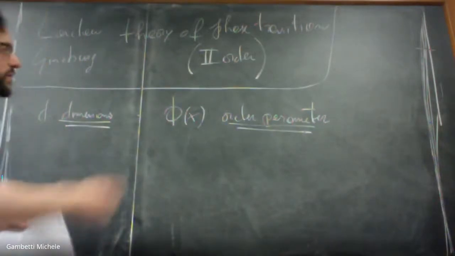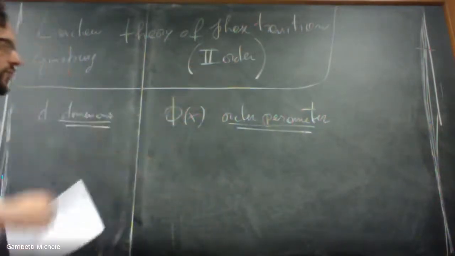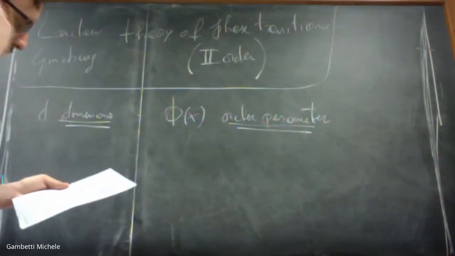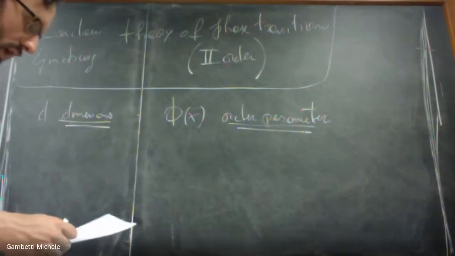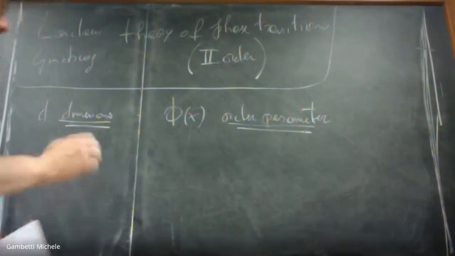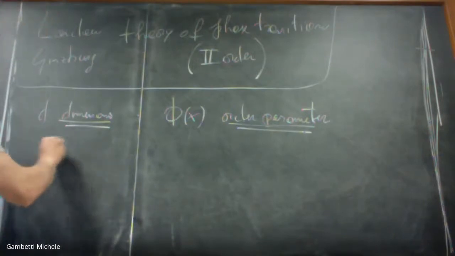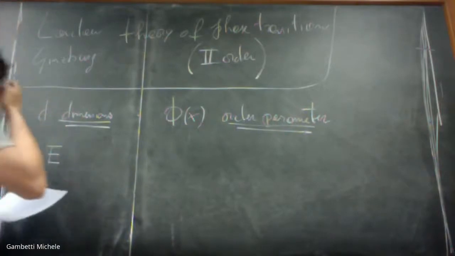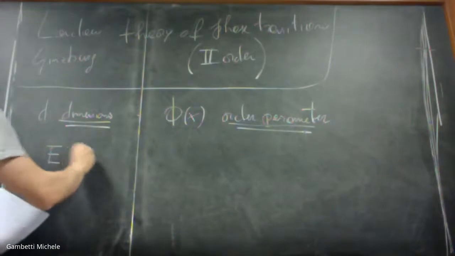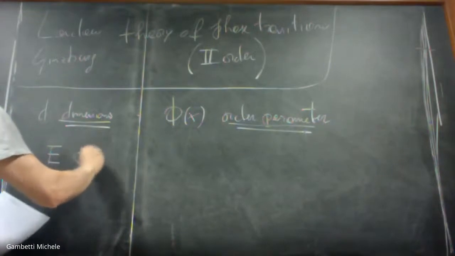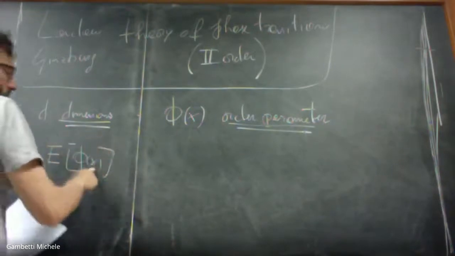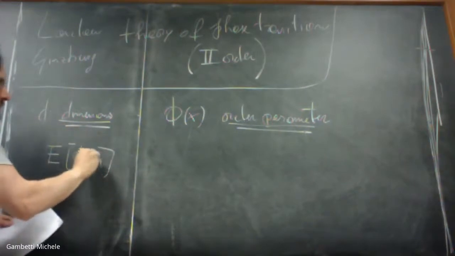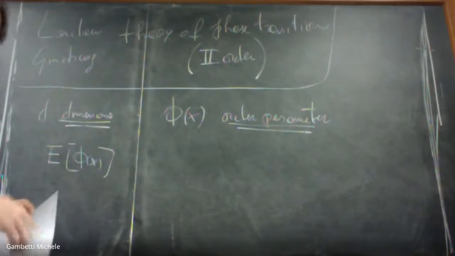But what is important in this theory is the behavior close to the critical point. Now, one thing that one introduces is a functional of phi that is written in these terms. I will write it first, then comment, and then close with this. Now, x is a vector in d dimensions, so I will not put a vector symbol here, but it is meant to be a vector in d dimensions.